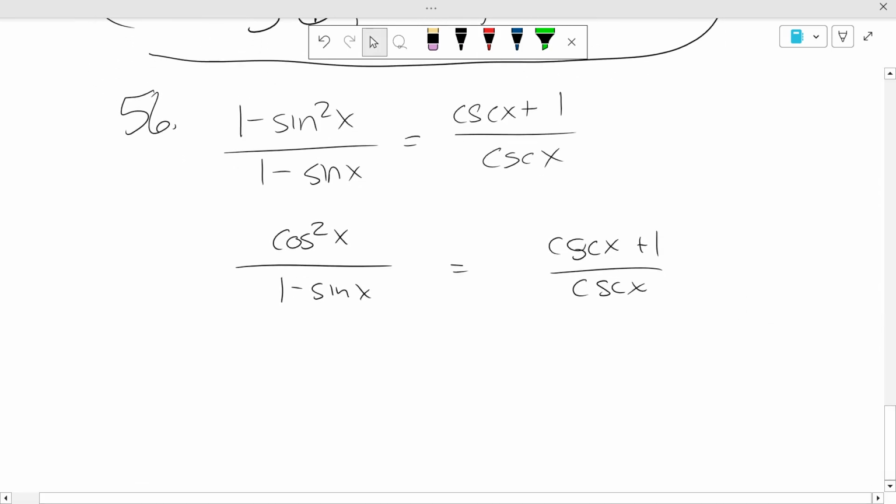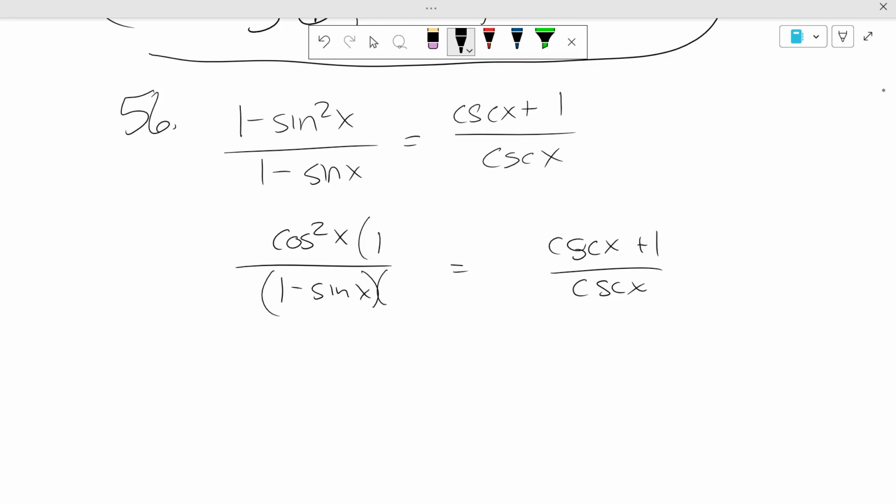All right, so I have a subtraction in the denominator, and addition in the numerator. No addition or subtraction here. So I have to think, what magic word? Conjugate. So I'm going to have to multiply by the conjugate of my denominator, 1 plus sine of x.